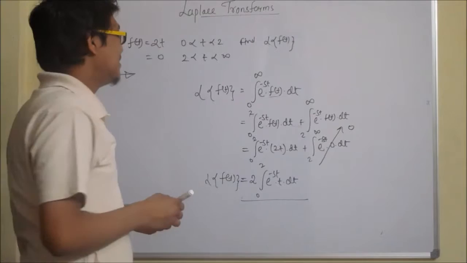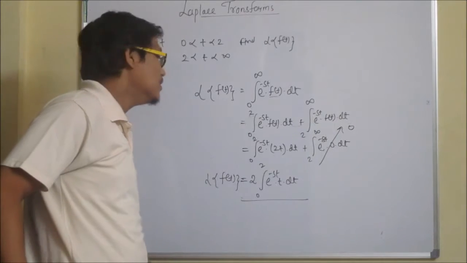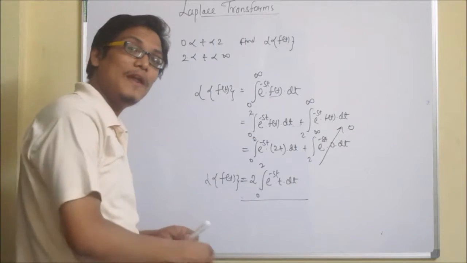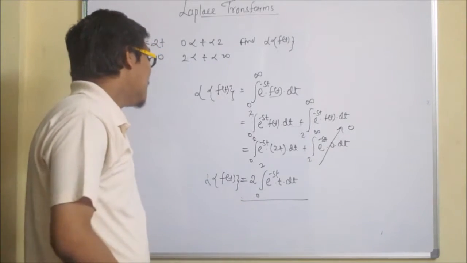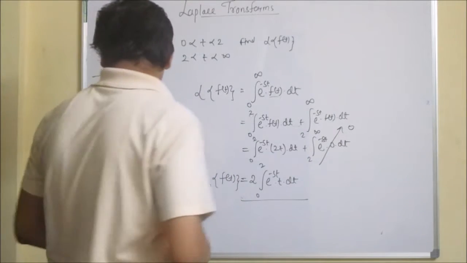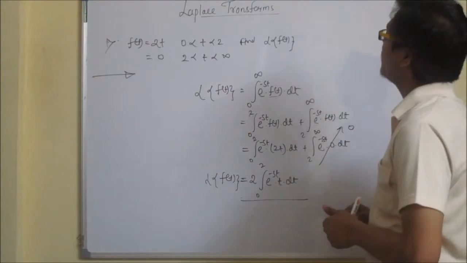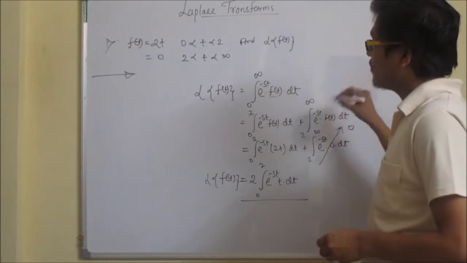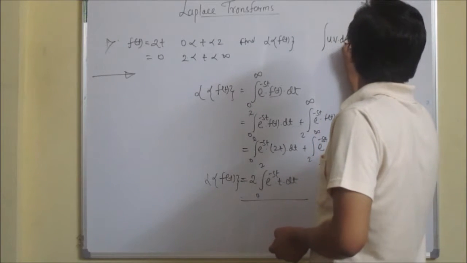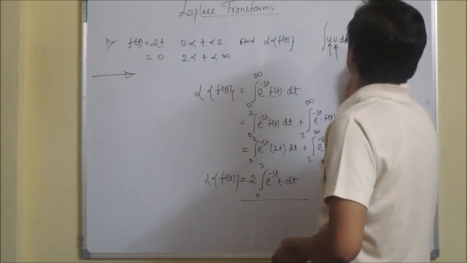But now here there are two types of functions, one is algebraic and one is exponential. So by default we have to apply the integration by parts rule. What is that integration by parts? We use this formula when there are two different types of functions under the integral, that is u v dx, where u is different and v is different.